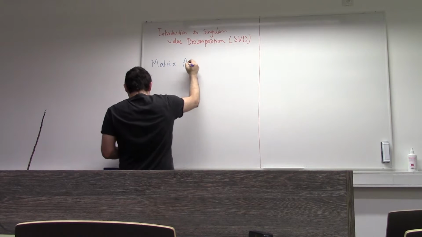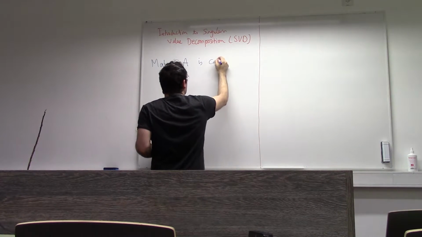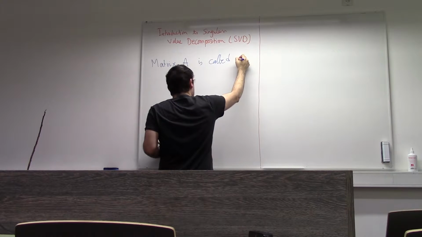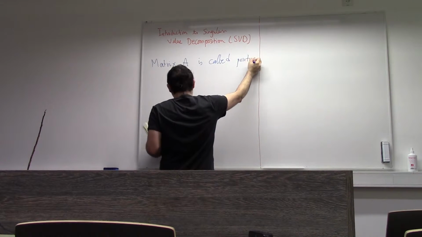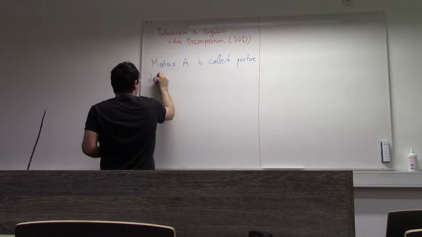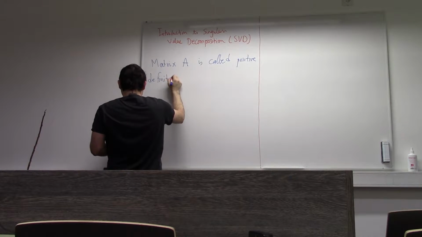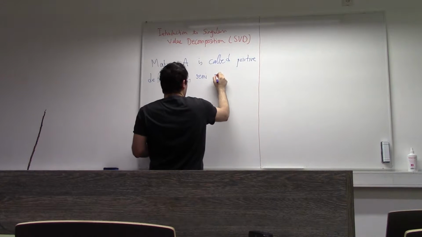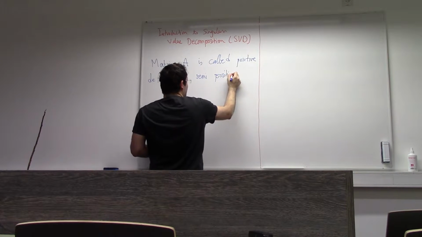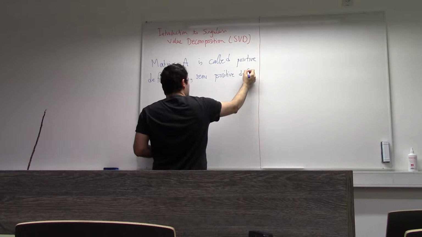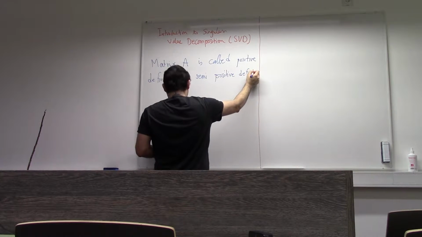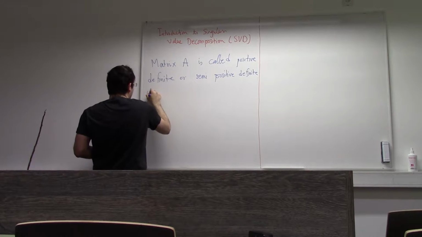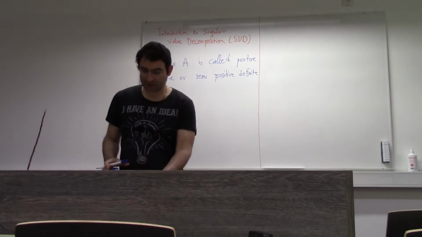Matrix A is called positive definite or semi-positive definite if. Do you remember what was the definition of it?